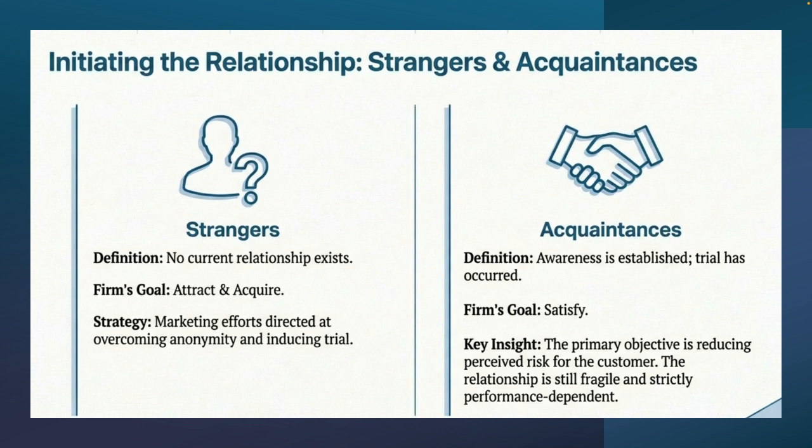So P is paid, E is earned, S is shared, and O is owned. Yeah, I think you said owned. Okay, so there we go. PESO. Paid media, earned media, shared media, and owned media.